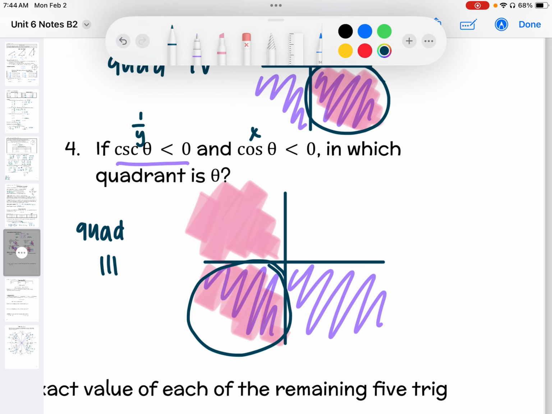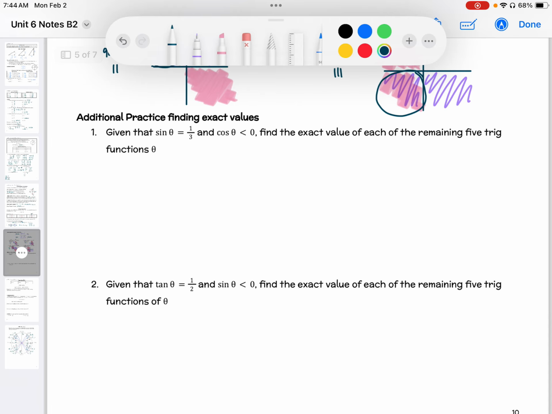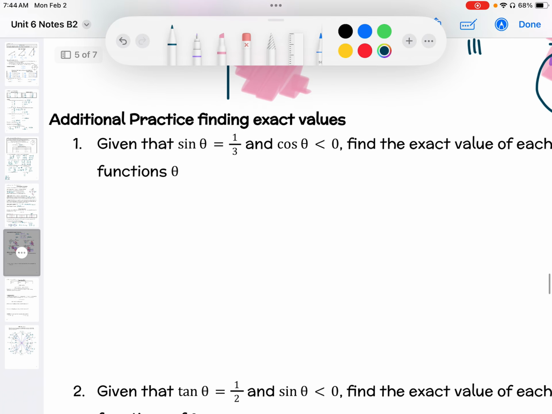All right, and then last thing is just review of finding exact values not on the unit circle. So remember that if we're given sine of theta, that means we're given y over r. So what I'm going to do is set up that x equals, we don't know, y equals 1, and r equals 3.